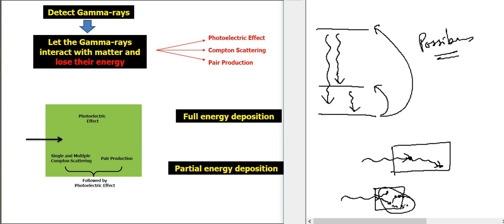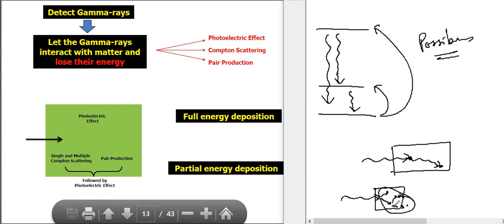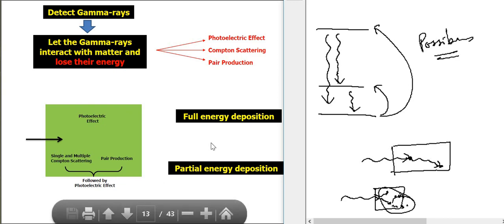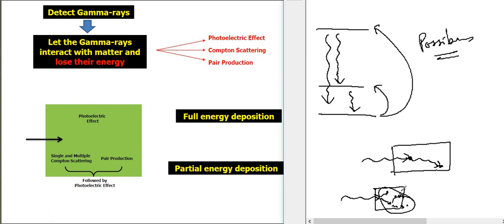That means all the 511 keV photons are finally absorbed by the photoelectric effect along with the electron and positron. And if this happens, then we will have the full energy deposition. But if the process is not followed by the photoelectric effect, then some part of the energy is likely to be lost. How? Because there will be some small scattered gamma ray which will exit the detector, and as a result we will deposit lower energy or partial energy.